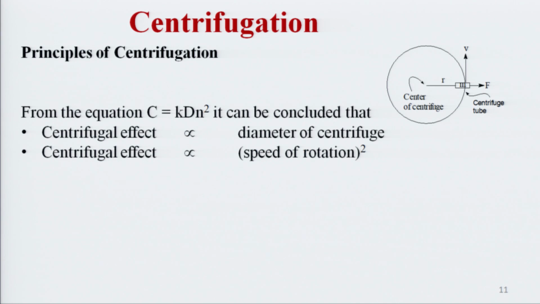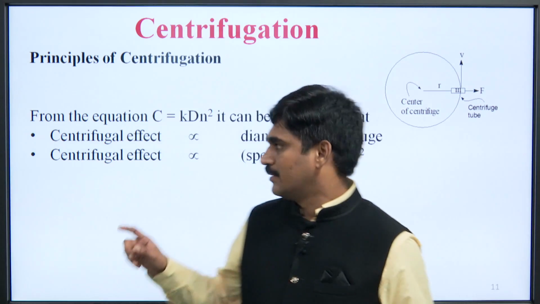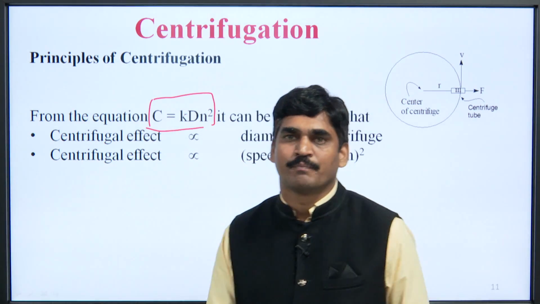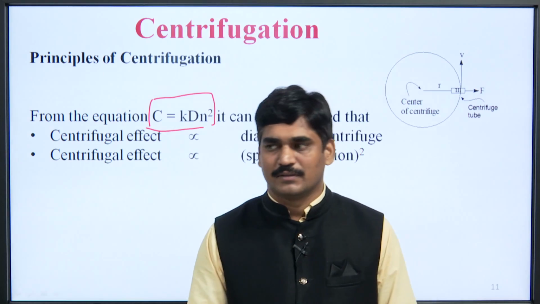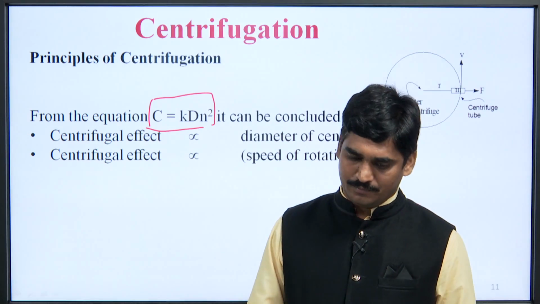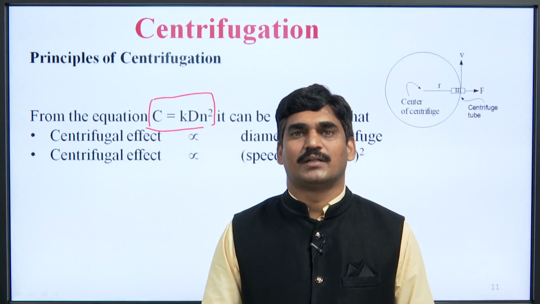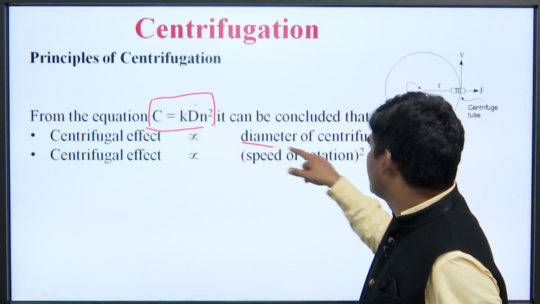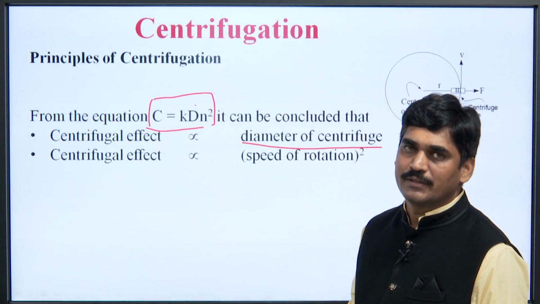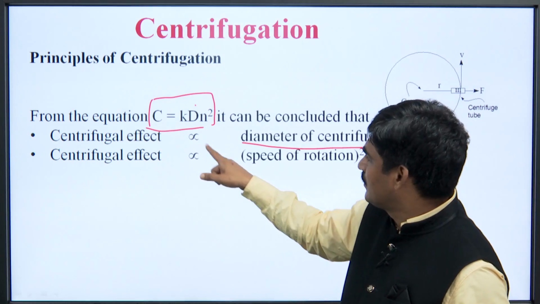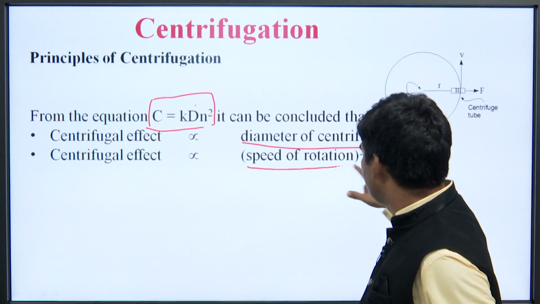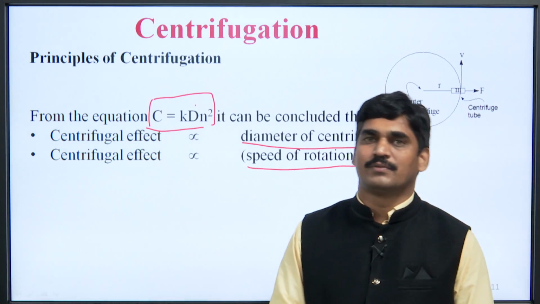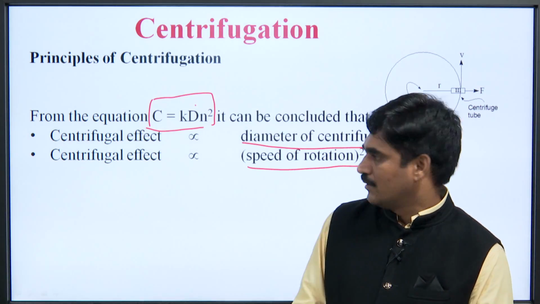So, from the previous equation, we obtained that C is equal to k D n square. From this equation it is concluded that centrifugal effect is directly proportional to the diameter of the centrifuge, number 1 point. Number 2 point, it is also directly proportional to the square of the speed of rotation.